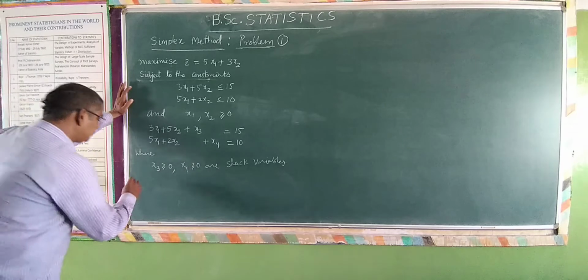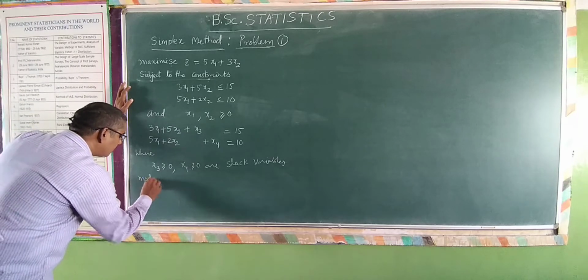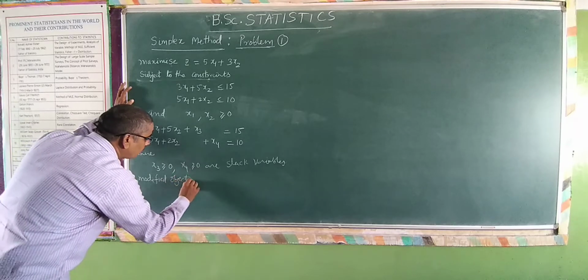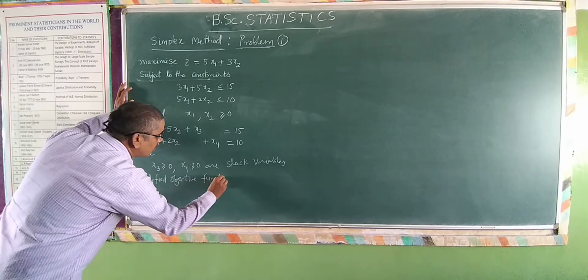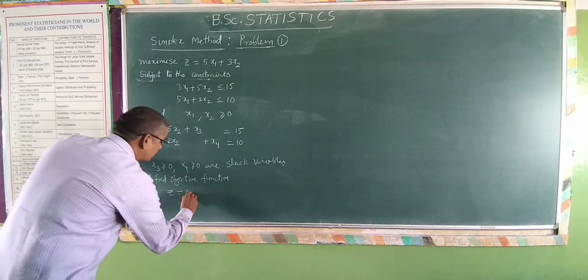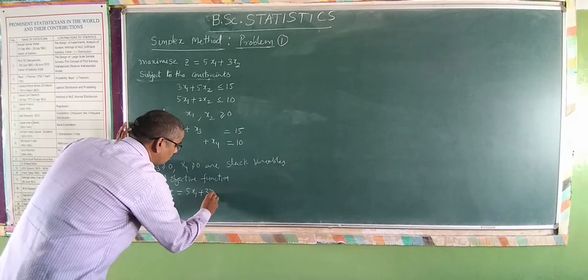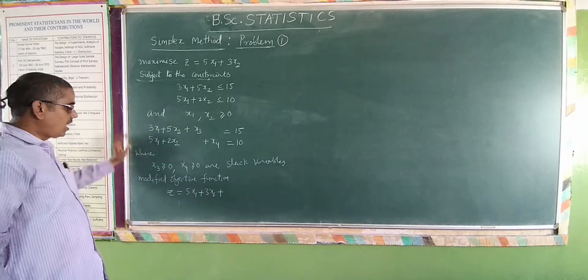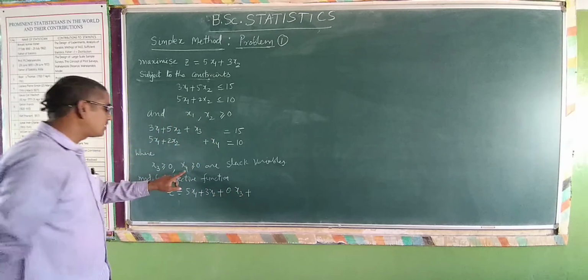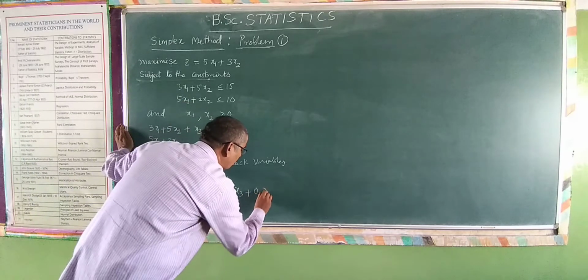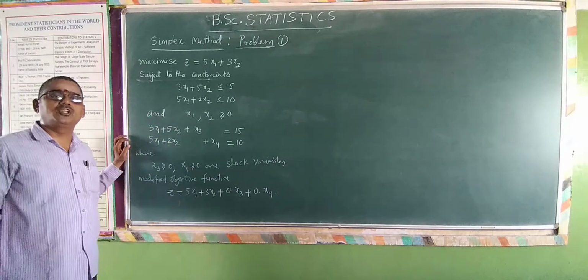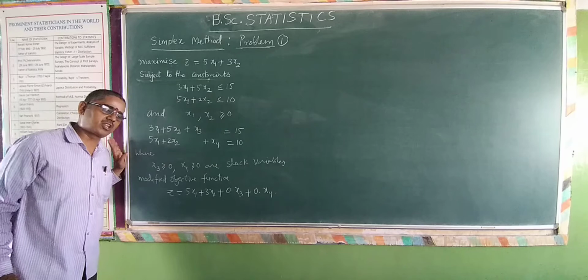So I am writing here z is equal to 5x1 plus 3x2 plus 0 into x3 plus 0 into x4. That's what we have to do for the objective function. Do you understand? This is the procedure up to here.